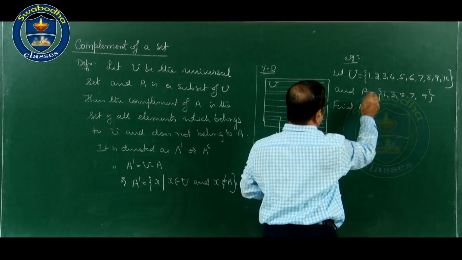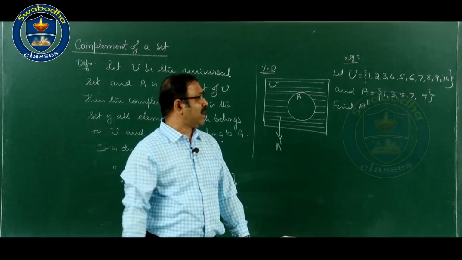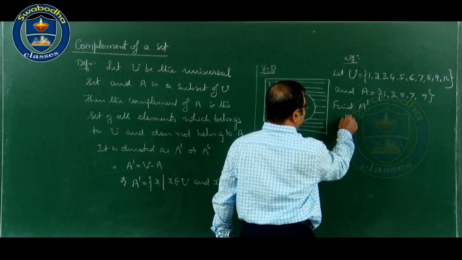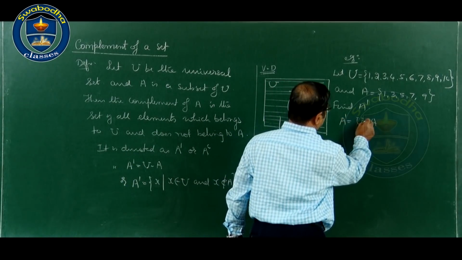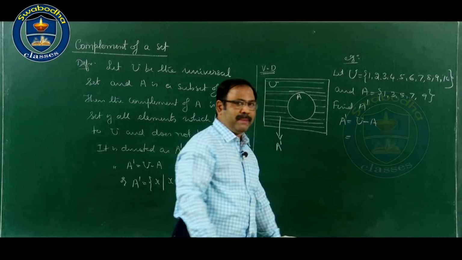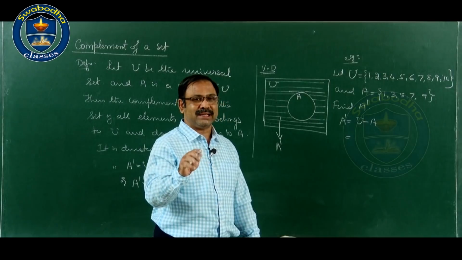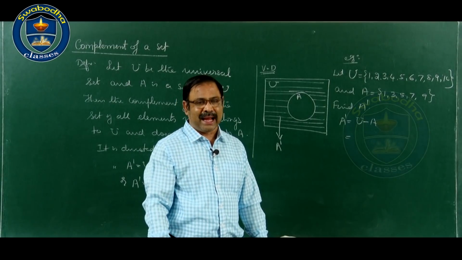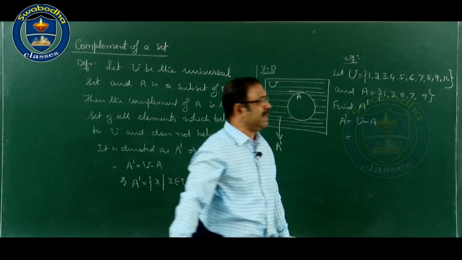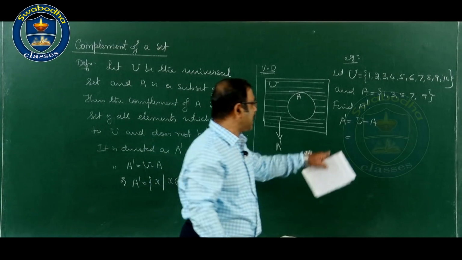Find A complement. A complement is equal to U minus A. It is very simple, easy to understand. The common elements present in U and A must be subtracted from U.